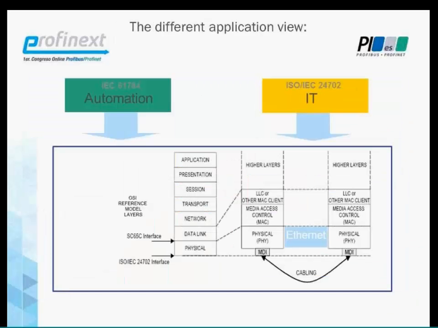And one reason for this problem, for example, it depends on the different layers where these associations describe the cabling solutions. For IT cabling, they have a media-dependent interface which is lying under the physical layer of Ethernet, and they describe a cabling which is suitable not only for Ethernet but also for other.